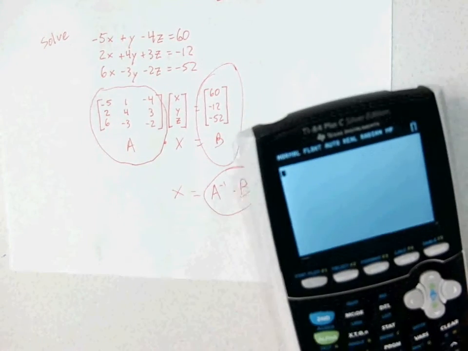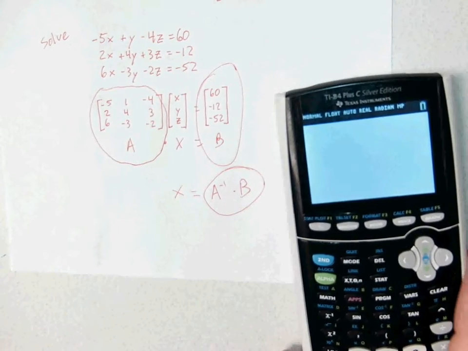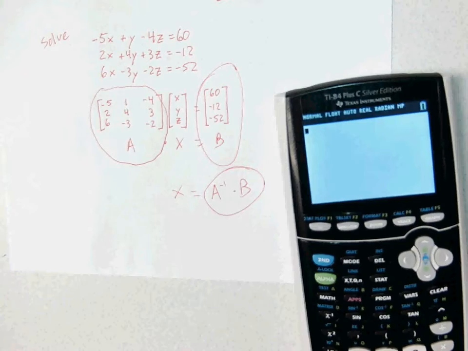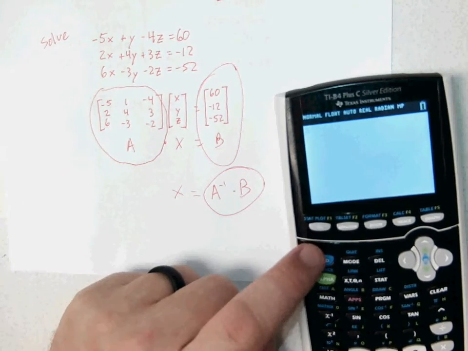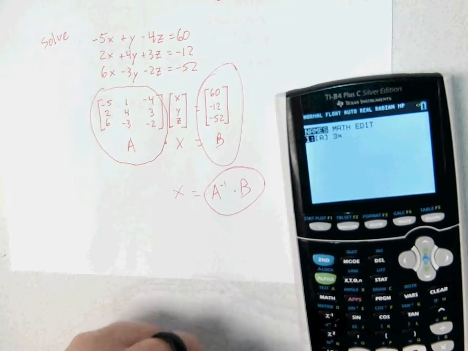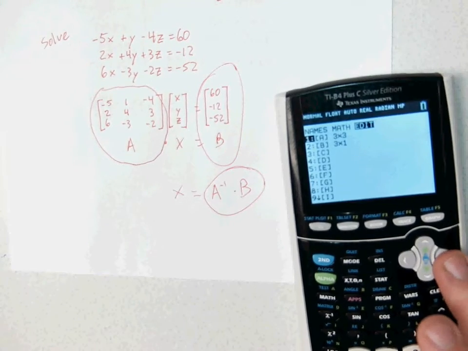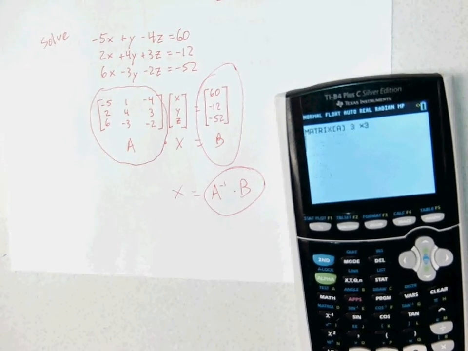So, my phone is about dead. That app drains the battery really fast, so I'm going to switch over to an actual graphing calculator, and I think I probably still have those matrices in there from last hour. So if I go to edit, matrix A, it's 3 by 3, negative 5, 1, negative 4, 2, 4, 3, 6, negative 3, negative 2. It's already there. So yours probably isn't.